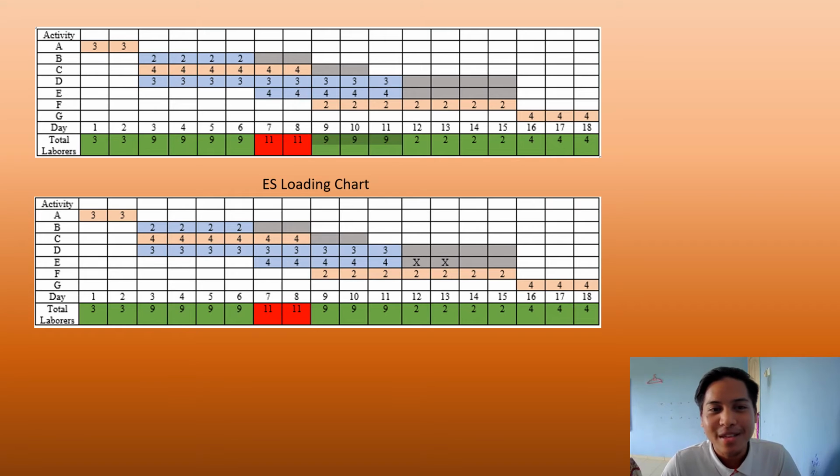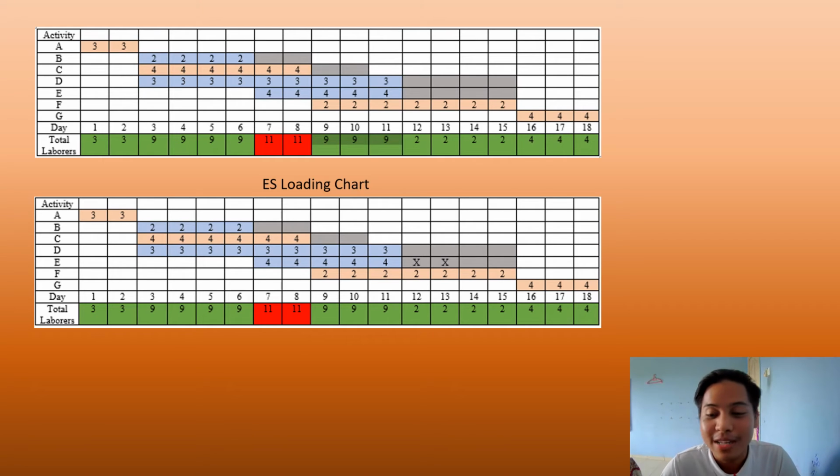Now that we have drawn the AON diagram, it's time to draw the ES loading chart. In this chart, there will be activities, days, and total resources. Let me first explain the shading of the cells. The peach shade represents the critical activities.